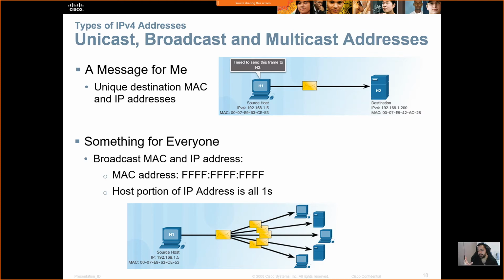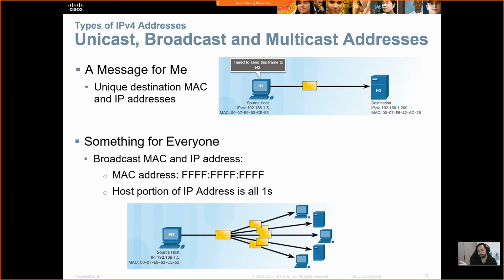When we studied the ARP protocol last week, just a recap for you guys, it is a protocol that is used when you have the IP address and you need to find out someone's MAC address. And we notice something in the ARP protocol.